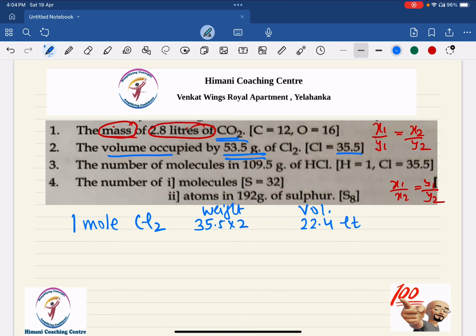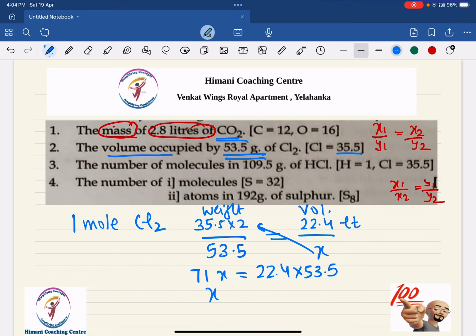Now we are asked that if there is 53.5 grams of Cl2, what is the volume? Again, we are just going to do direct proportion. So 35.5 into 2 is 71, and x goes there. So 71 times x is equal to 22.4 into 53.5, and x equals 22.4 into 53.5 over 71.